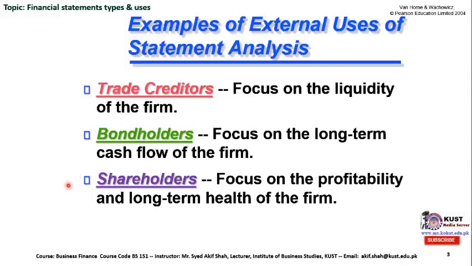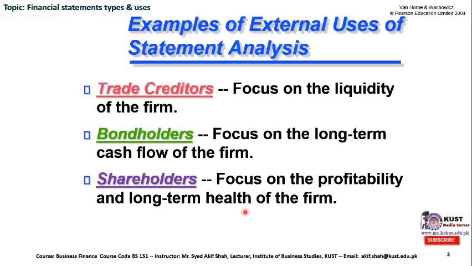And the last one is shareholders. Why are shareholders interested in the financial statement analysis of a company? Definitely, shareholders invest their money into the stock of a company for the purpose of earning profit from that company's shares. So the primary focus of the shareholder is on the profitability as well as the long-term financial health of the company, because they are going to receive a certain amount as dividend as well as price appreciation in the stock prices.